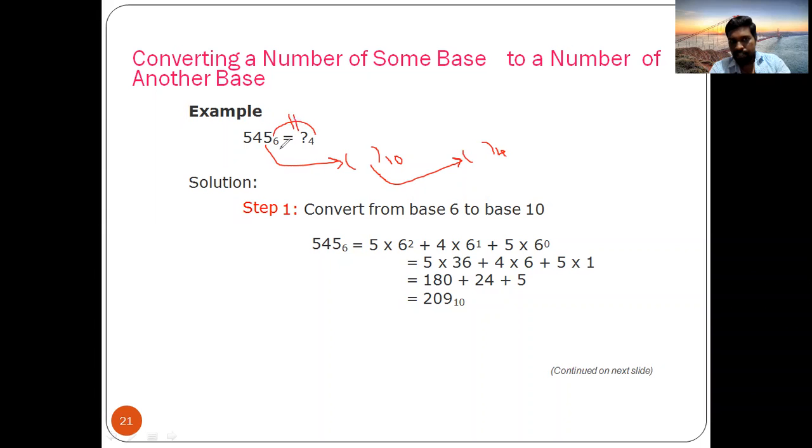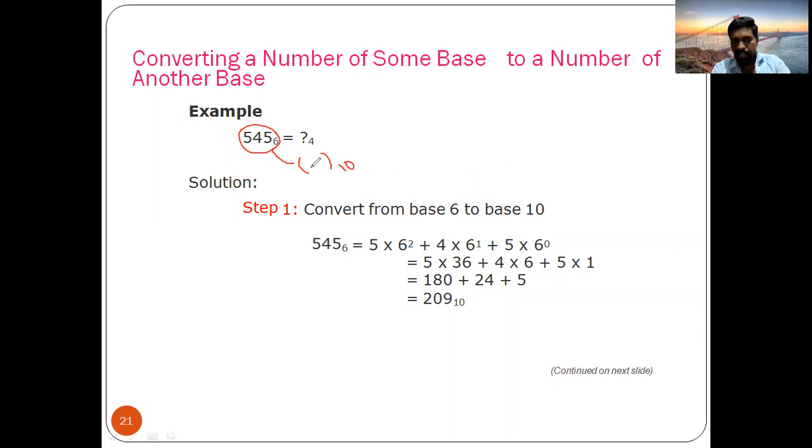What is that? First convert the given question into base 10. Whatever the value here, you don't need to bother. Directly convert the given question to decimal, and this decimal is to be converted into base 4. So for this current question, first I am converting this base 6 value into base 10 value, and we know how to convert any base into decimal.